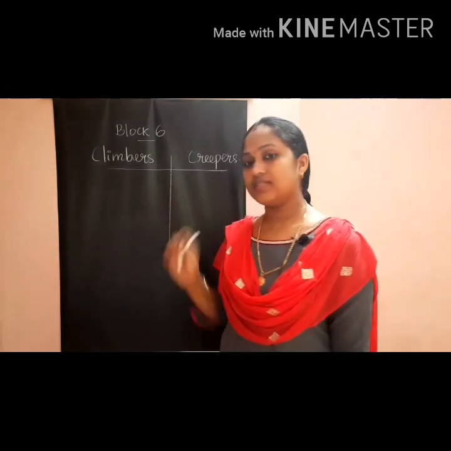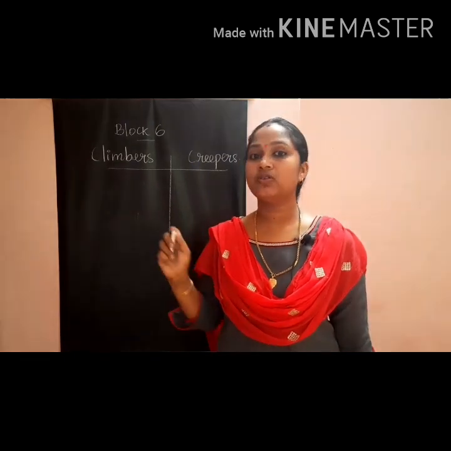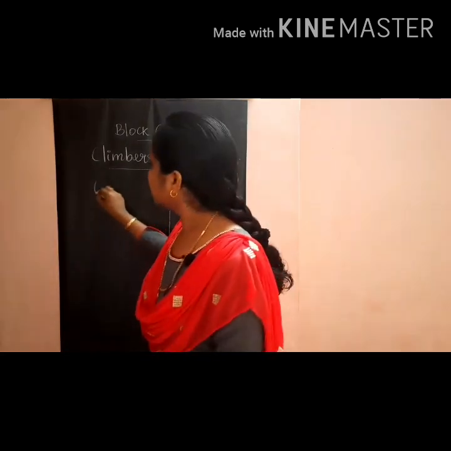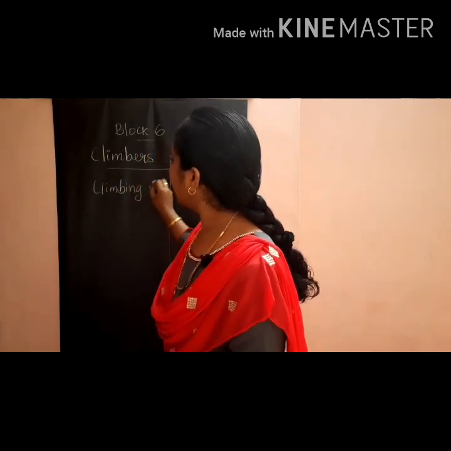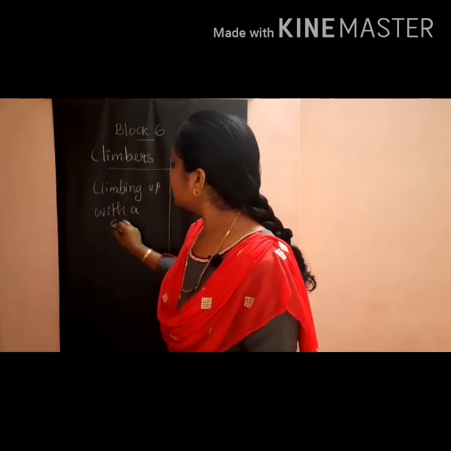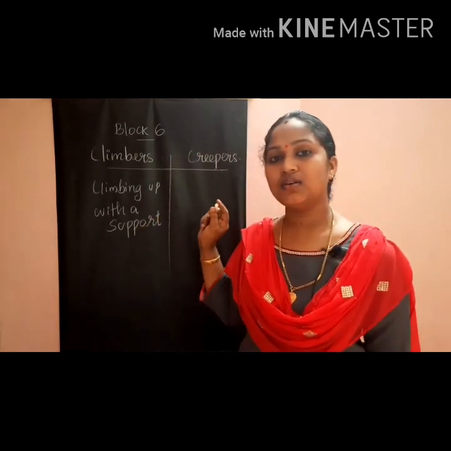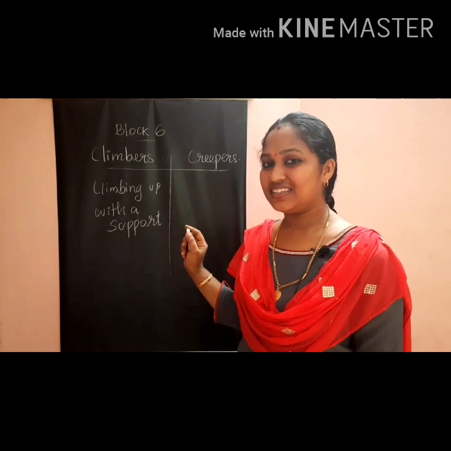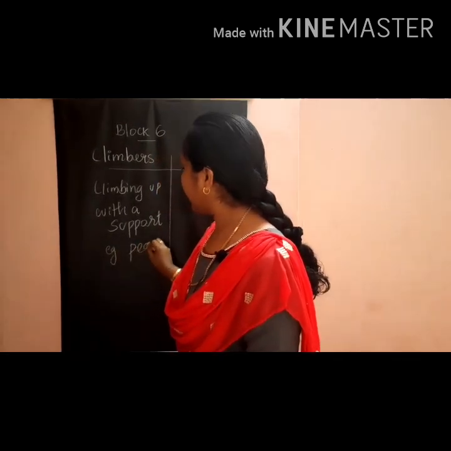Understood? Children, now you help me to complete this. What do you know about climbers? Yes, climbers need a support to grow. Very good. Climbing up with a support. Now you have to say two examples also. Which are they? The first one, pea plant.